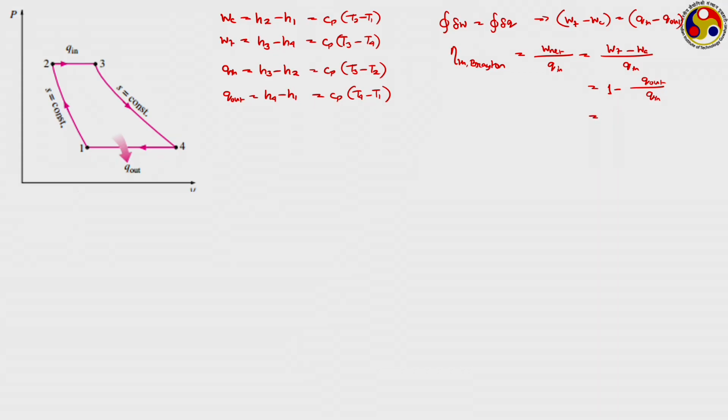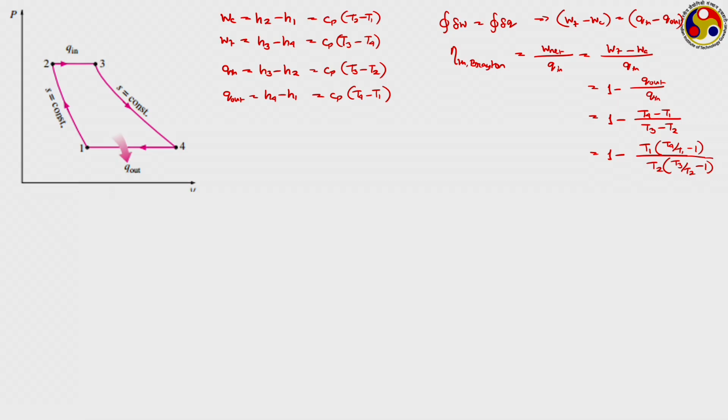So, if you put the expressions in terms of Cp, you can write this to be 1 minus T4 minus T1 upon T3 minus T2, or 1 minus T1 into T4 upon T1 minus 1 by T2 into T3 upon T2 minus 1.